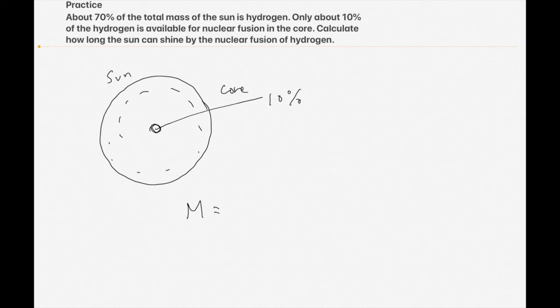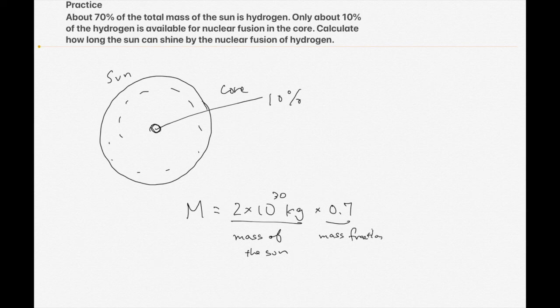The mass of the sun is 2 times 10 to the 30 kilograms. Among that, 0.7, or 70%, is the mass fraction of hydrogen. The mass fraction of helium is 28%, and 2% is heavy elements.